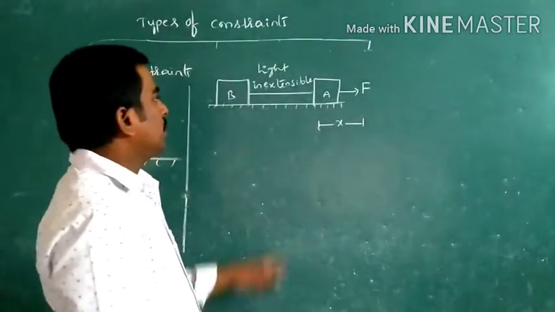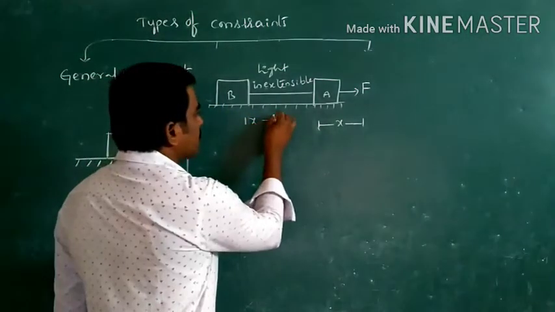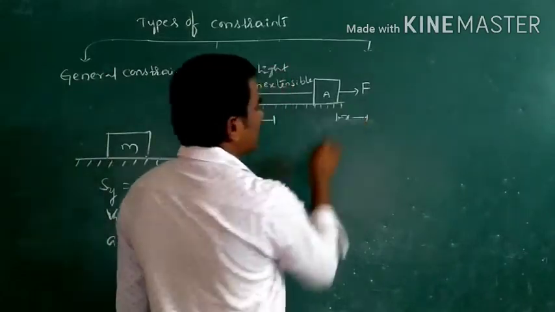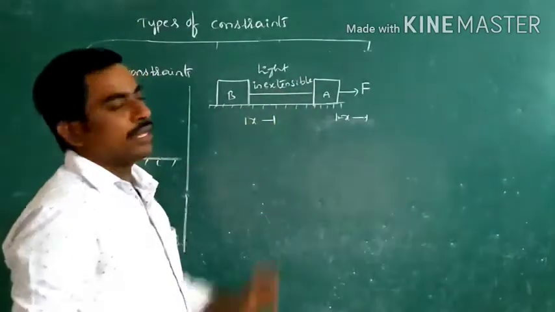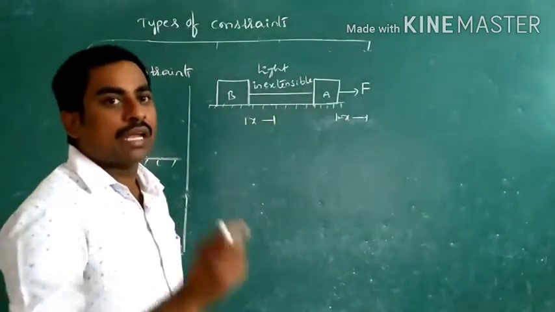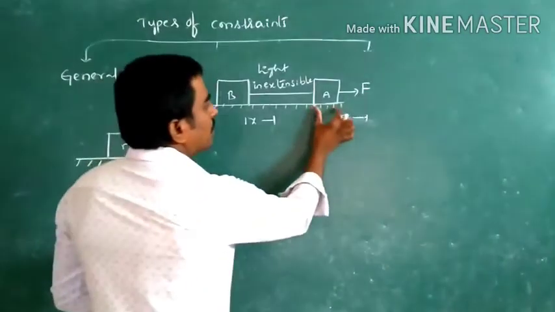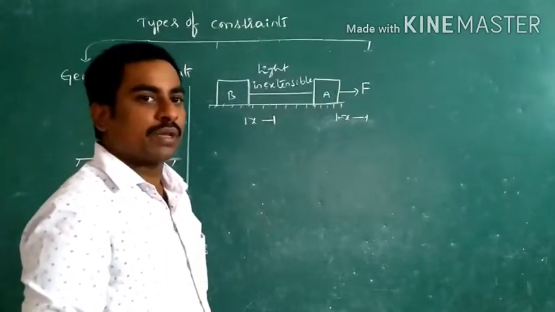Here the distance covered by block B is also the same distance x, because the two bodies are connected with the help of an inextensible string. That's why the distance covered by block A is equal to the distance covered by block B.